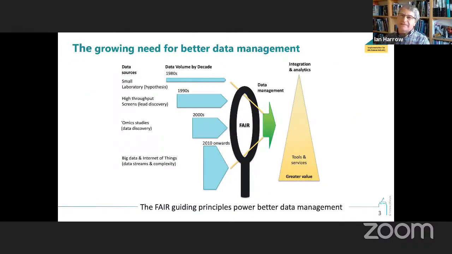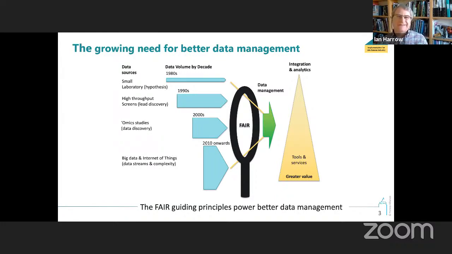So let's turn to data management and FAIR. Data management is nothing new, of course, but the need for it and doing it well is growing. Let's go back 40 years to the 1980s. You would largely find, especially in industry, relatively small laboratories, and the science was done in a largely hypothesis-driven manner. Then through the 1990s, high throughput screens came to the fore, and so the amount of data was growing.